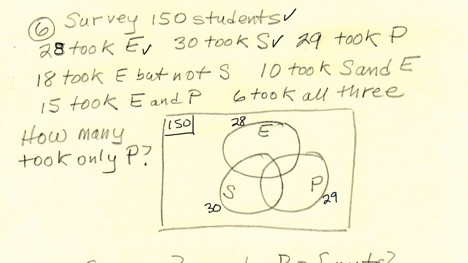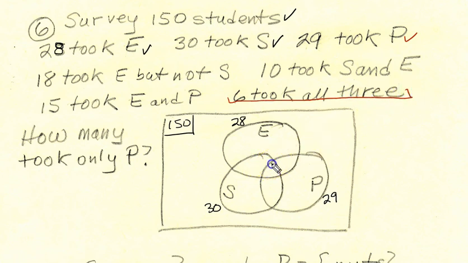I'm going to go back to red now. 18 took English, but not science. But what did we say we should always do first? See if we can find the intersection of all of them. Well, that's this. 6 took all three.